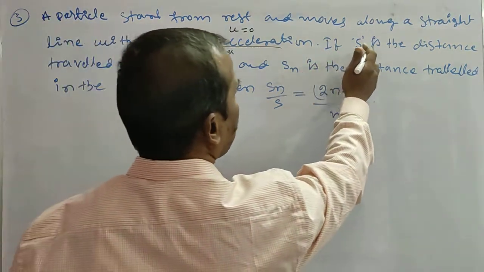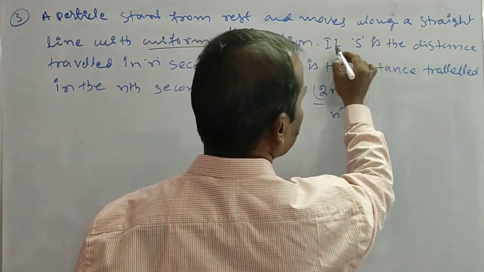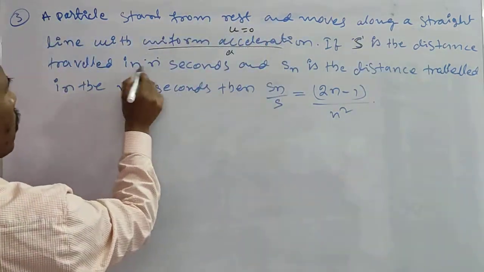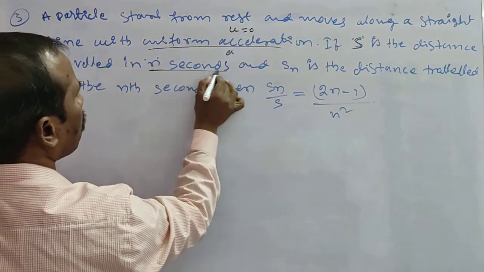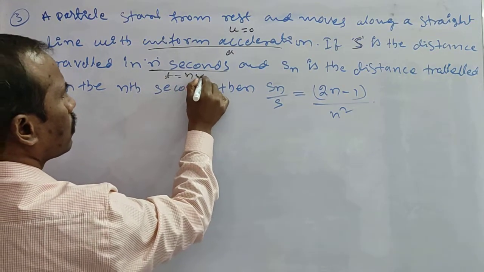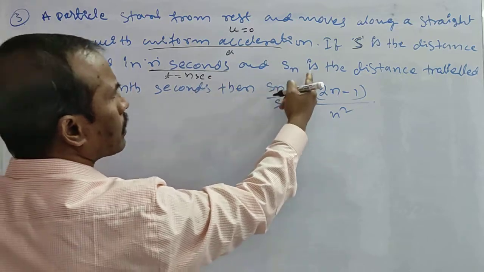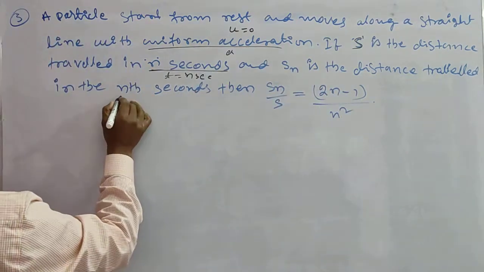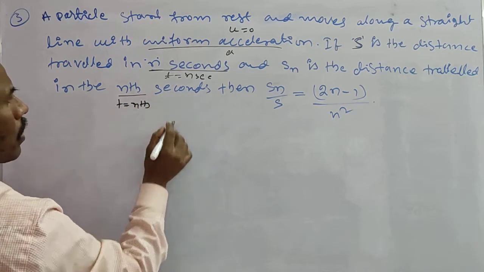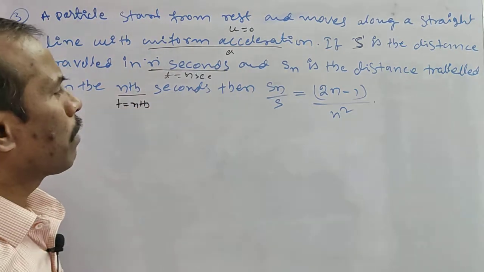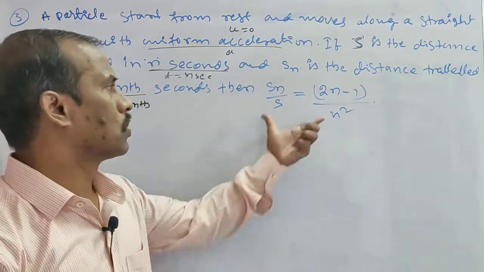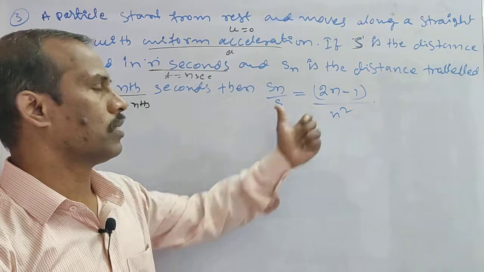Now if s is the distance traveled in n seconds, that means t is equal to n seconds, and Sn is the distance traveled in the nth second, then Sn by s is equal to 2n minus 1 by n square. So solve this equation.